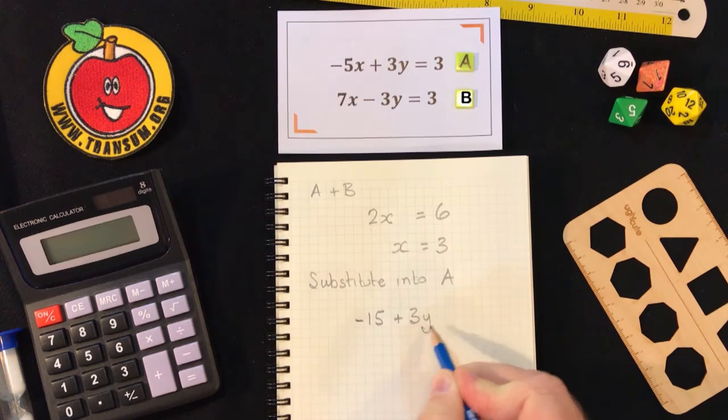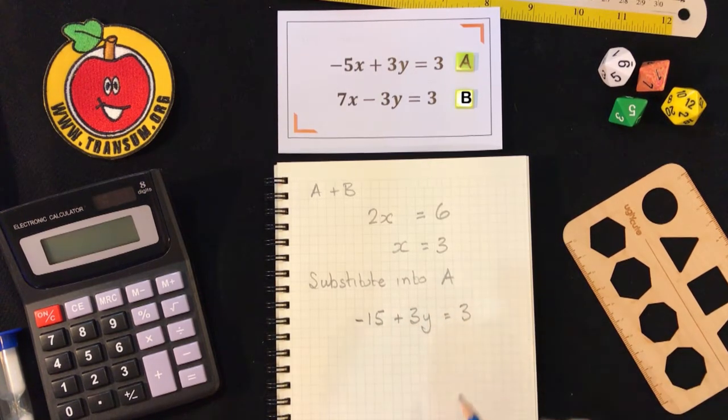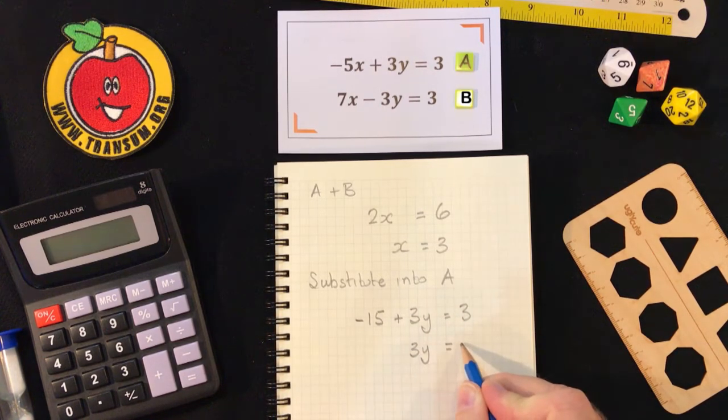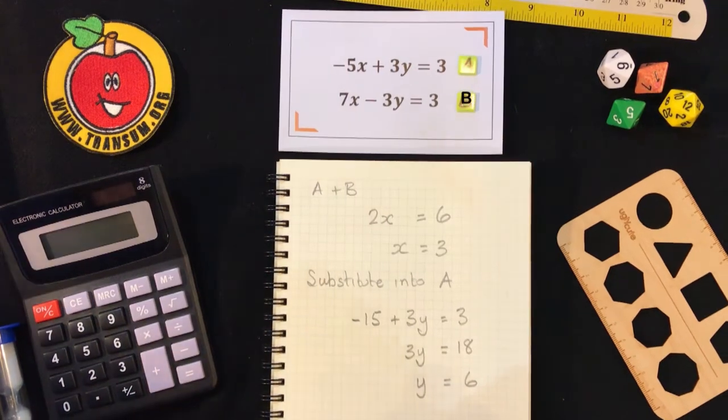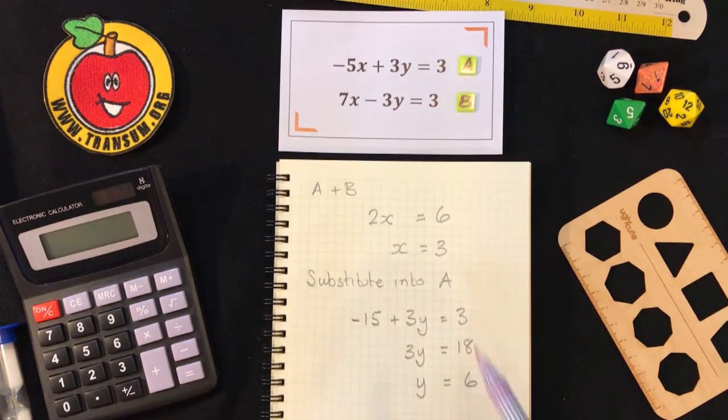Add 3y is equal to 3. I'm going to add 15 to both sides to get 3y equals 18, and then divide both sides by 3, so y is equal to 6. So there are my two solutions. X is 3 and y is 6.